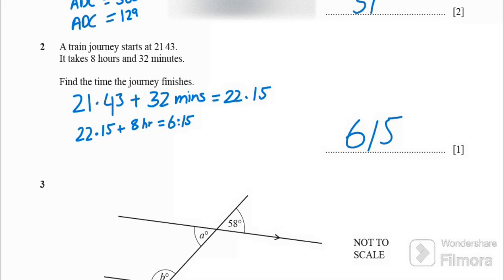Over here we have 21:43 plus 32 minutes, that will be 22:15. Then we will add 8 hours, 22:15 plus 8, which will be 6:15. So the time the journey finishes is 6:15. So 6:15 will be the final answer.